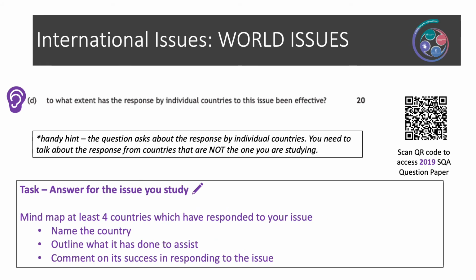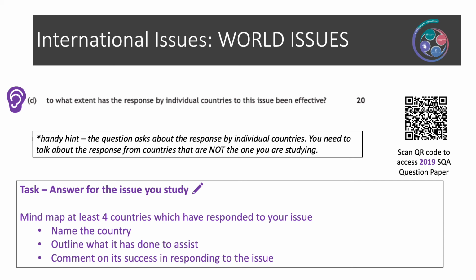Okay, if you do world issues as your international focus, this is a sample question. I've put this question in because this caused a little bit of confusion at the last exam, and I want to explain why. To what extent has the response by individual countries to this issue been effective? If your issue is terrorism or development in Africa, which are common issues, this asks you to think about the response that has been carried out by countries which are not the one in which the issue has occurred.